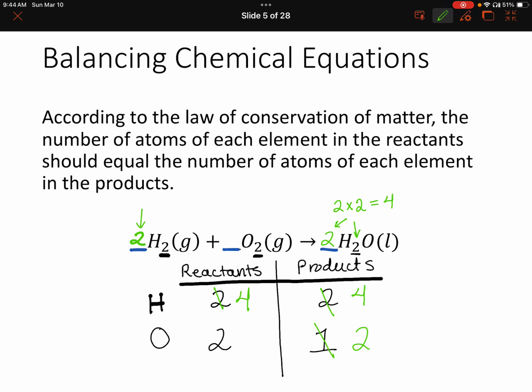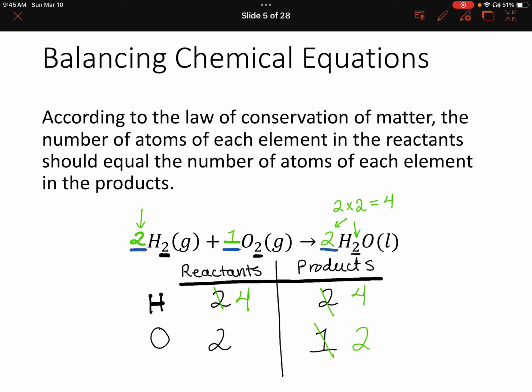So we can leave that spot blank in front of O2, or we could write a 1 if we want to keep track. But typically we just leave that spot blank, and that tells the audience that it is a 1.